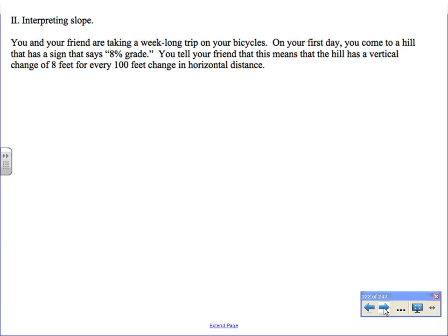So if you were trying to find the slope, how can we write that slope? Abigail? Right, 8 over 100. So they tell you that the hill has a vertical change of 8, so you know that has to go in the rise spot. And it has a 100 feet change in horizontal, so you put that in the run spot. M equals 8 over 100. Right?